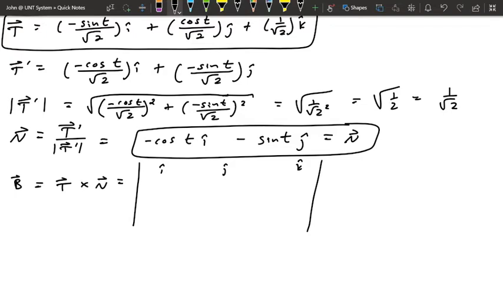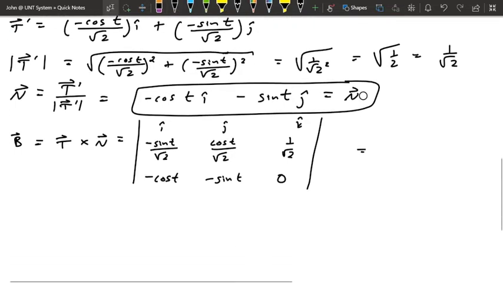And then the second row would be T, and the third row would be N. Okay, let's see.